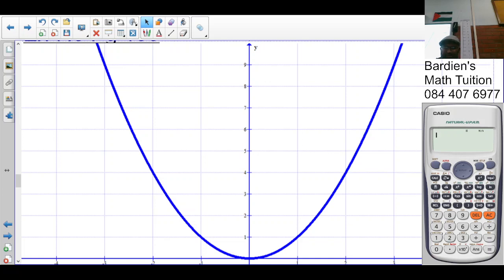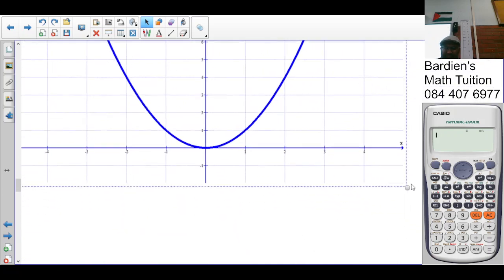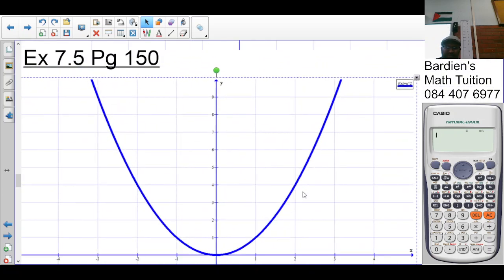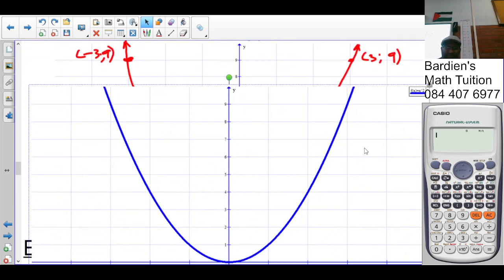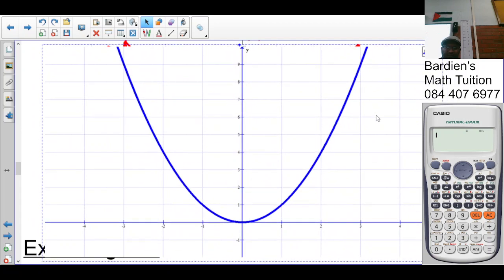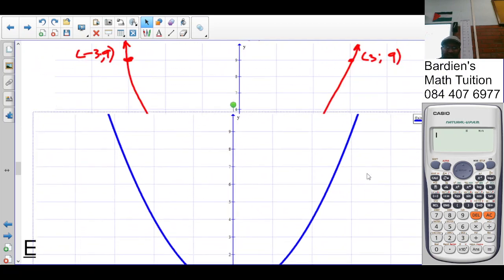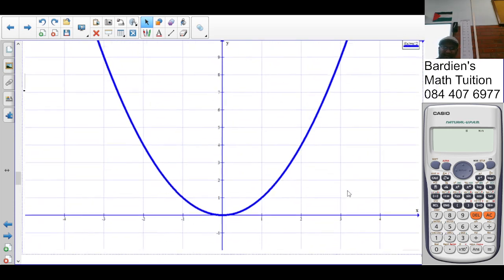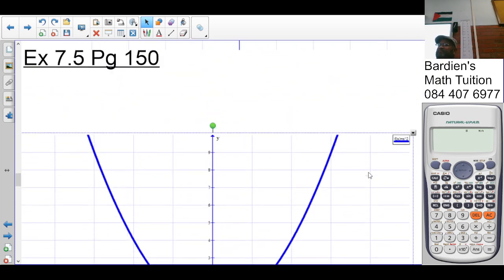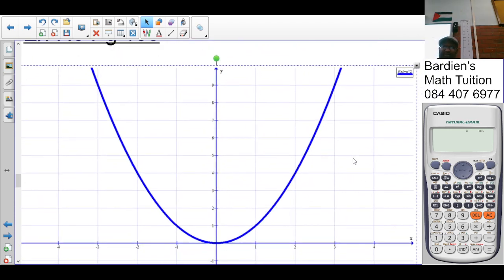And there we go, there's the graph. Can you see, people? That one and this one is the same graph. But you guys understand? Alright. And you see the smooth curve. Okay, and that is the y is equal to x squared graph.